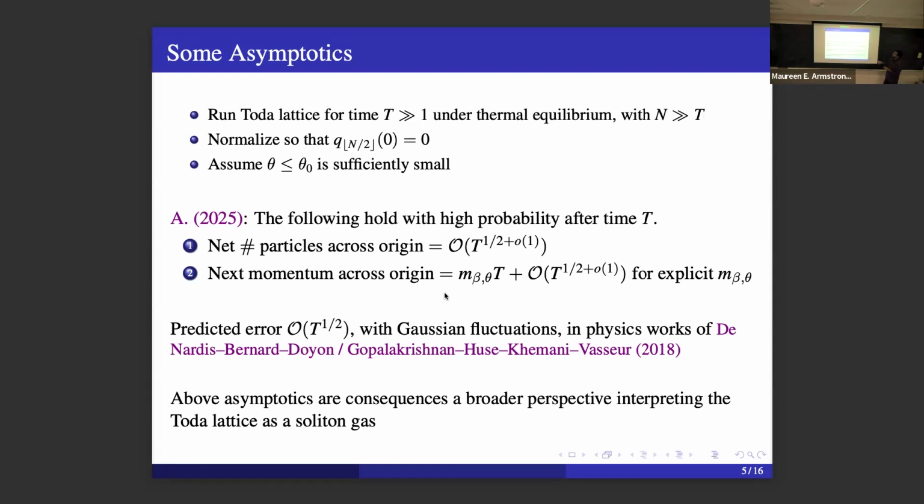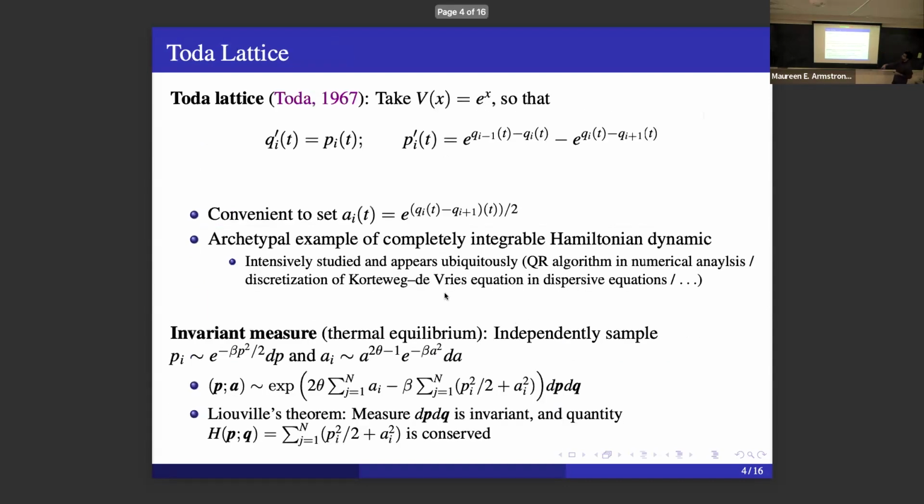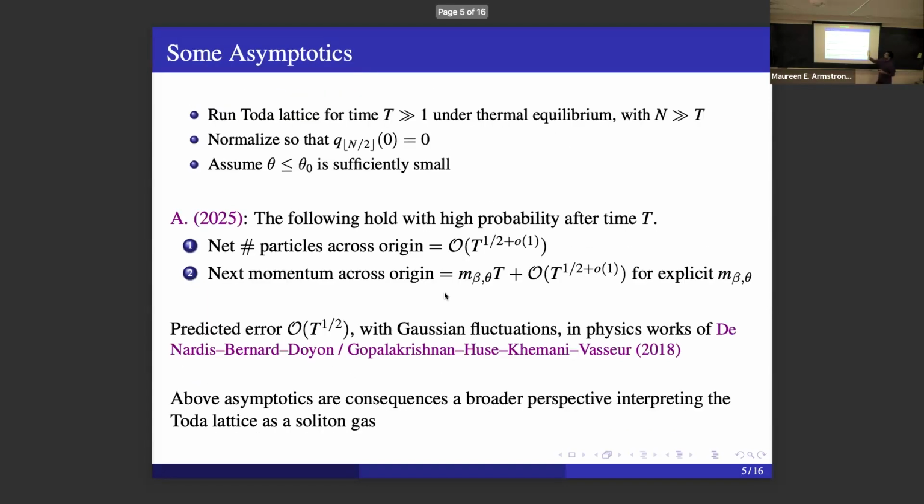A technical assumption that I'll need, that it should not be necessary, but for the proof of this it's needed, is that we'll assume that the theta parameter is sufficiently small. Okay, so the theorem is the following. The following holds with very high probability after time t. I can look at this Toda lattice, it's a dynamic of these particles, and I can ask myself what is the net number of particles that cross the origin.